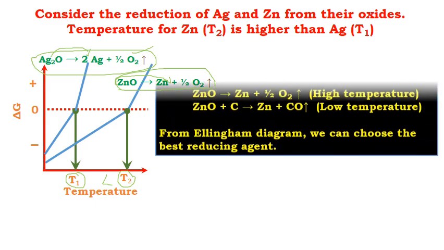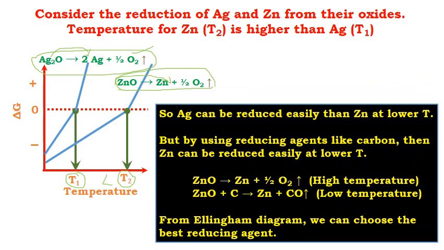Now, the most important point is, if you are using any reducing agent, say for example carbon, coke, etc., then it is possible to reduce the zinc oxide at a relatively lower temperature than this T2.